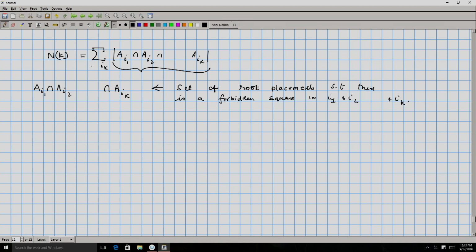So, if we look at the complementary board, these positions are valid positions, those are allowed positions. So, we are placing K rooks on I1 to Ik, and the remaining n minus k rooks can be placed in P n minus k times.